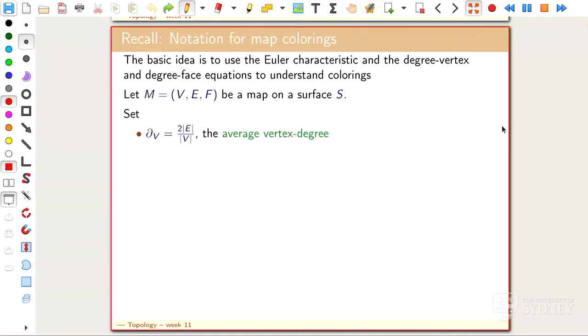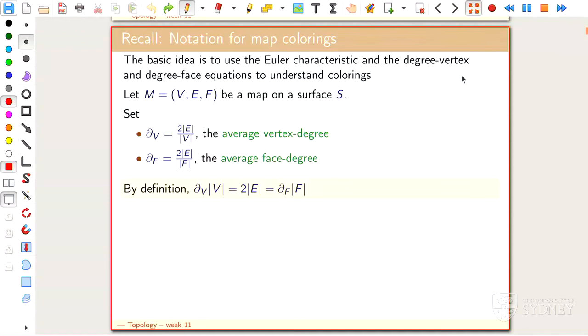And we have this average vertex degree, and we had the average face degree. Right? It's really just by the vertex degree equation and the face degree equation. This is like the average, the number of edges of the average face, or the degree of the average vertex. And well, by definition, you just put one of them on the other side.